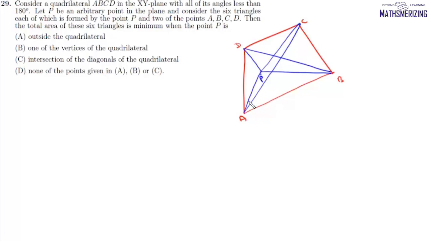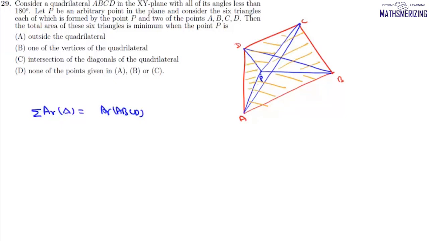Now when we consider the area of all these triangles, then the sum of areas of all these triangles will be the area of this quadrilateral ABCD, and we can get this area considering P with AB, then P with BC, P with CD, and then P with AD.